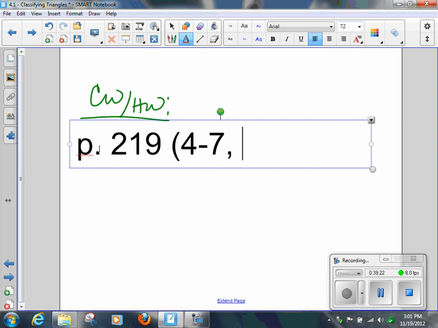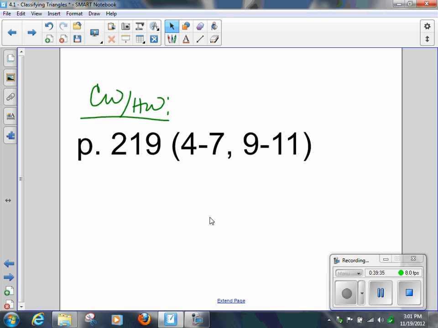And then 9 through 11. And guys, number 11, get your books and look at that. That's 7 problems, okay? But I want you to look with me at number 11.